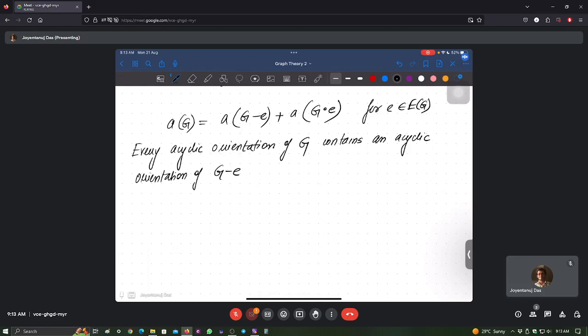So actually, what is this statement? You understood it. Every acyclic orientation of G contains an acyclic orientation of G minus e, right?